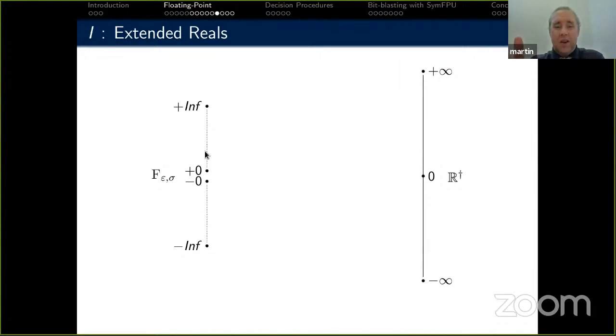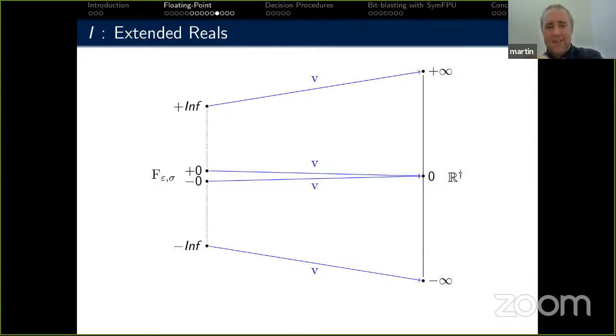This is like what I was saying at the start: you've got your line of reals and you've got your bit strings, and each bit string is associated with a value, a real value. You've got your 2 zeros, so you can determine convergence. And we've got a map. In this formalization is a map V, which takes a floating point value and gives you a real.